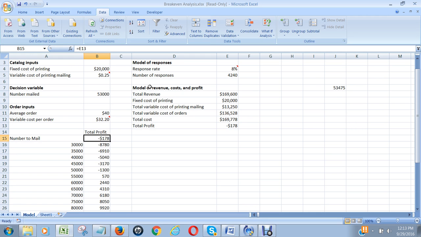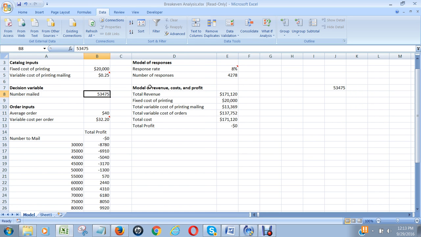Well, that generates a profit of negative 178. So I need to mail out a few more. How about 53,500? Okay, that gave me a profit of $9, which is essentially a break-even point. If I want to be really specific, I might try even further and go like 53,475. See? It comes out to a total profit of 0.